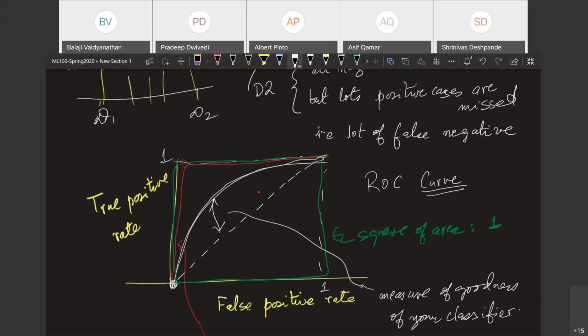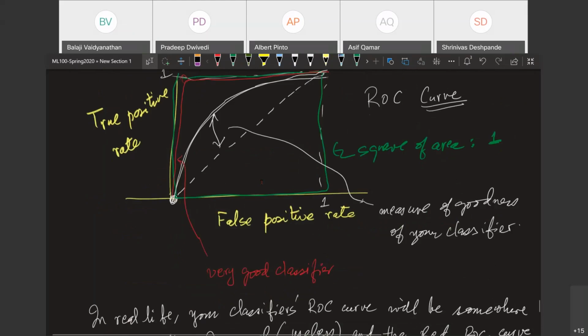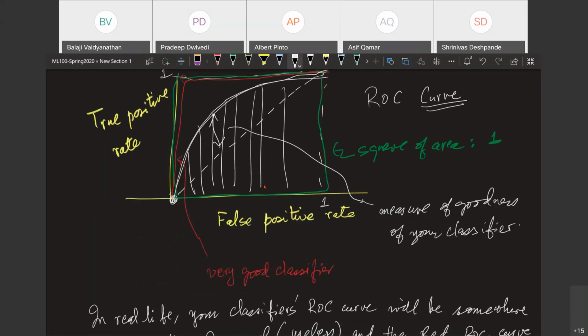Sometimes you get very good classifiers. They get closer and closer to the red situation. So the way you measure the goodness of your classifier, one way, is that you look at the area under the curve. This area. Now, this area under the curve, you realize that it will be somewhere between half and 1. Half, why?